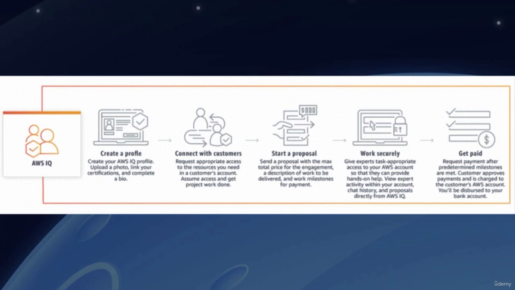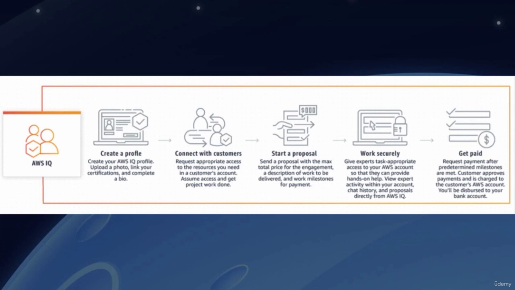How it works is that you first create a profile which will have all of your details, your photo, your certifications and qualifications. Once that profile is up, that's going to enable you to connect with customers and communicate directly with customers. If a customer is interested in anything that you have to offer, then you can start a proposal and send that out to the customer.